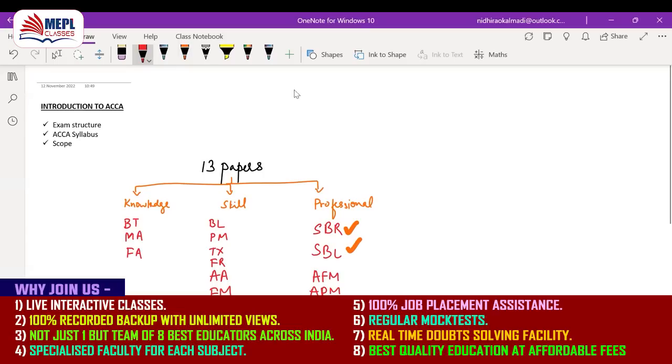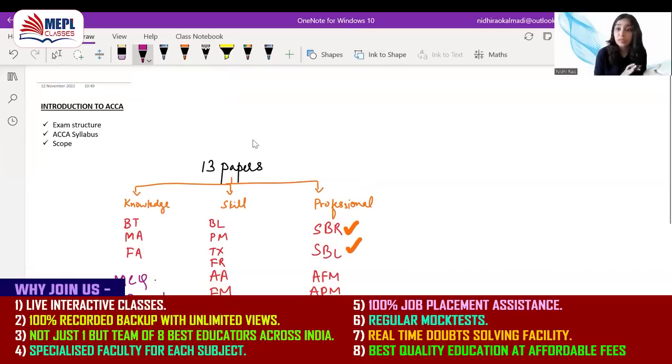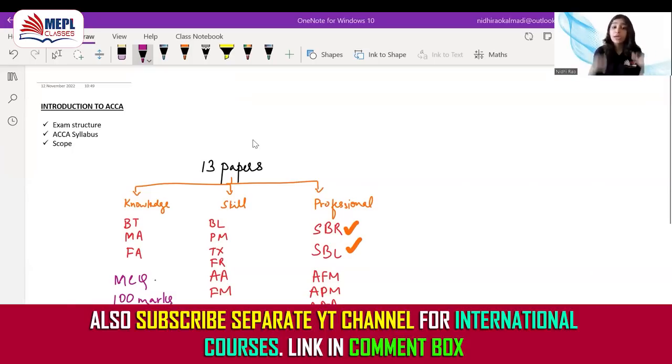So, as discussed earlier, your knowledge level is a completely MCQ-based exam, correct? And over here, the maximum marks is 100. Similarly, coming to your skills level. So now in your skills level, what happens? 60% is MCQ based and 40% is subjective, wherein you will be provided an Excel sheet or a Word document wherein you will have to type the answer.